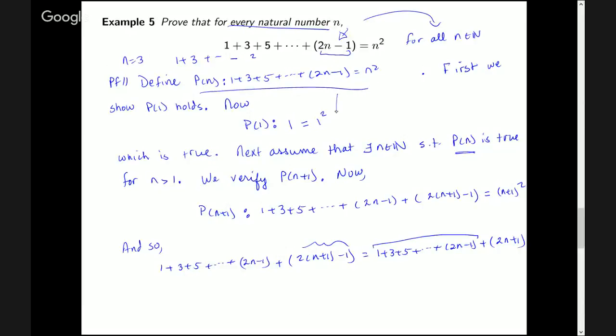So that's the statement that I'm going to plug in for this part right here. We're assuming that one's true, so we're going to plug it in. So that's going to be equal to n squared plus 2n plus 1 by the assumption step.